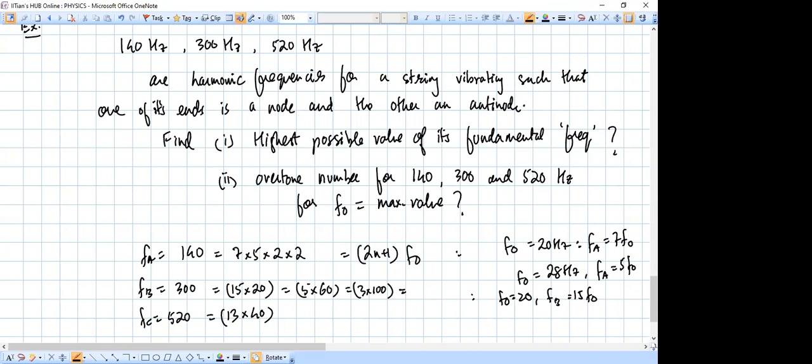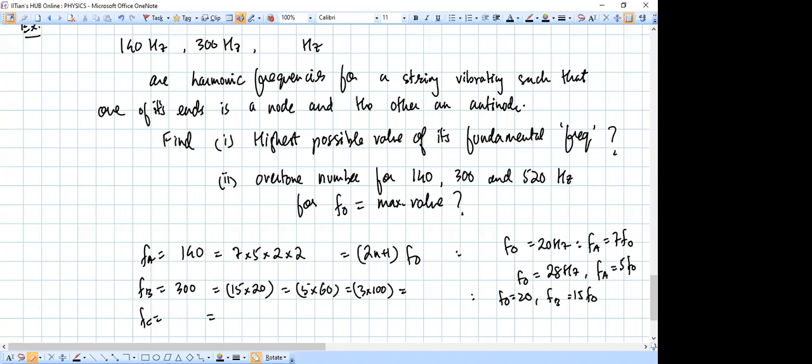We'll have to change this one. Just a second. In fact, these terms cannot be multiples of any common frequency. Hope you're understanding the point here. So 520 cannot be a member of this series.